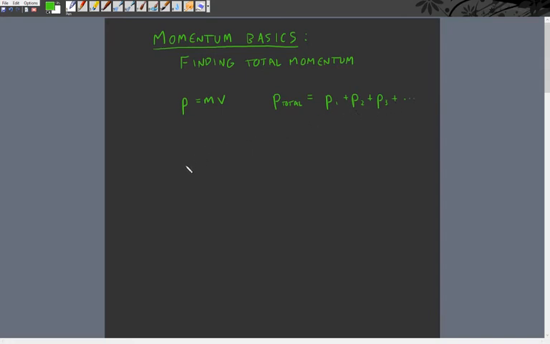So for example, let's say we have three bowling balls going in three different directions like this. And we find the mass and velocity for each one, and each one turns out to be exactly 8 kilogram meters per second.